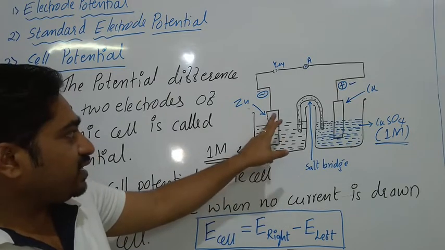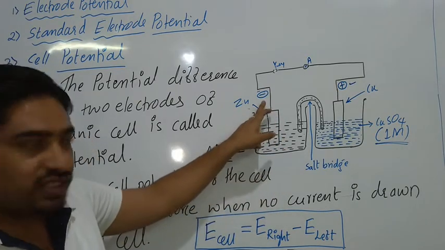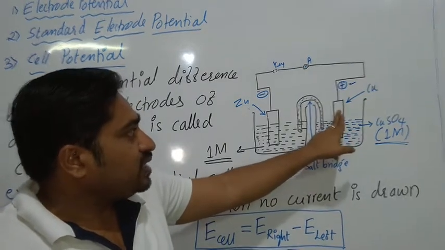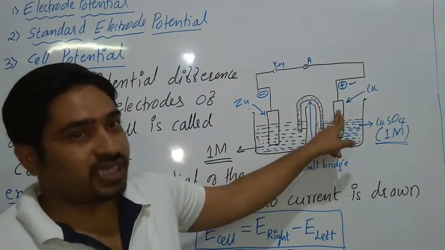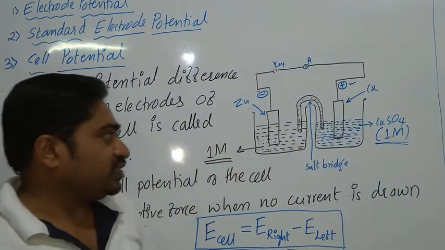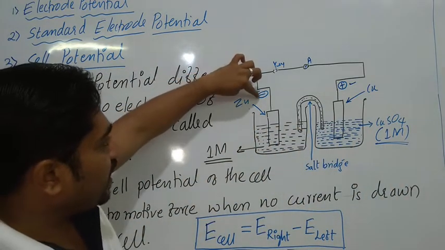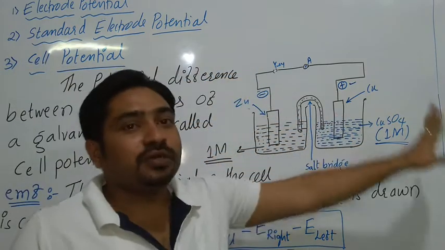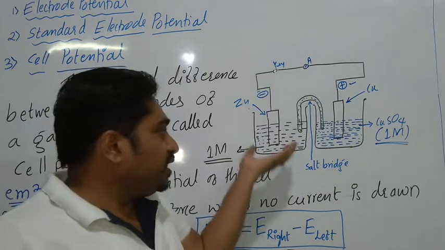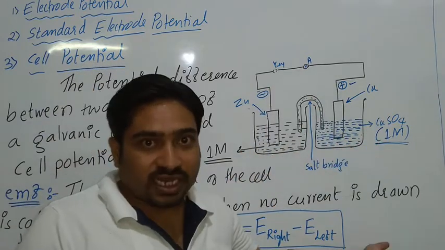With respect to the electrolyte, the zinc electrode is negatively charged. In the same manner, with respect to this electrolyte, this copper electrode is positively charged. I have explained this in my previous session. So here zinc is the negative electrode and copper is the positive electrode. So there is a difference between the potential of this electrode and this electrode.